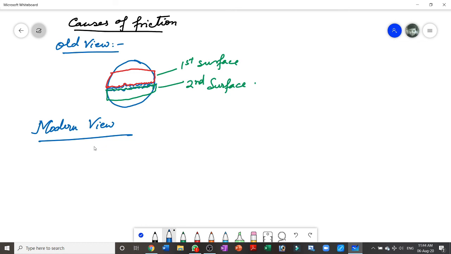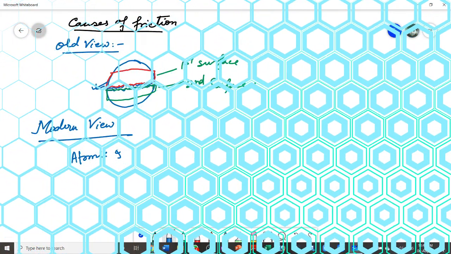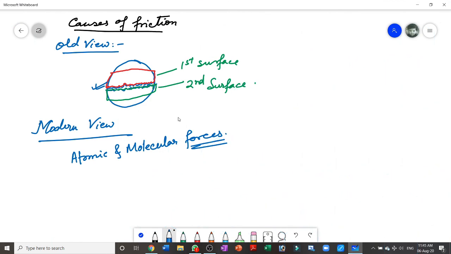Now what does this mean? Up to this point it is correct, it is correctly defined regarding the old view. But in the modern view, internal forces, that is atomic and molecular forces of attraction, come into play.